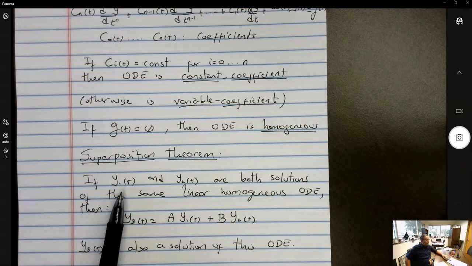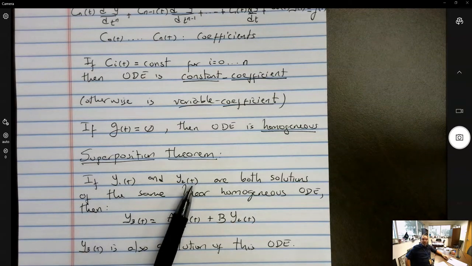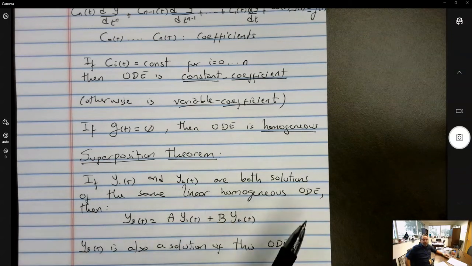Because if I'm telling you there's y1 and there's also y2, two distinct functions that happen to be solutions of the same ODE, then I can take both of them and linearly combine them with any constants a or b, positive or negative, and then construct a third solution. And this third solution, y3, would also be a solution of that ordinary differential equation.